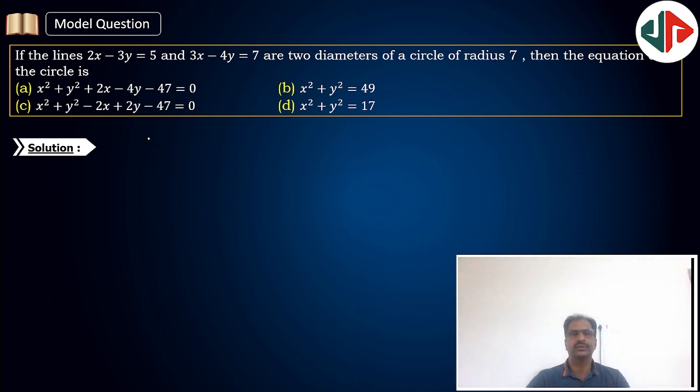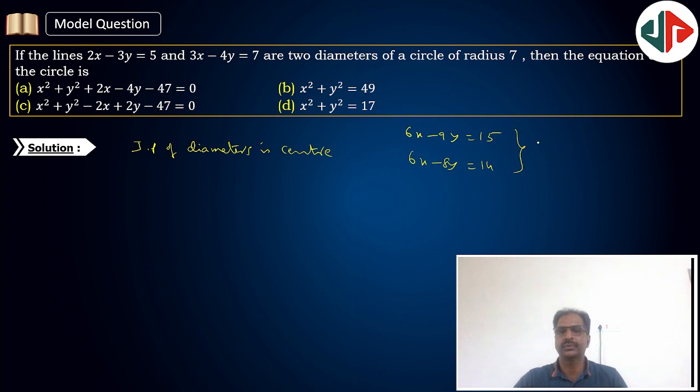So again, two lines are two diameters. So the intersection point of diameters is nothing but center. So let us solve these two equations. Multiply first equation with 3, second equation with 2. If you subtract these two, minus y is equal to 1, or y is equal to minus 1. Therefore, x will be 1.